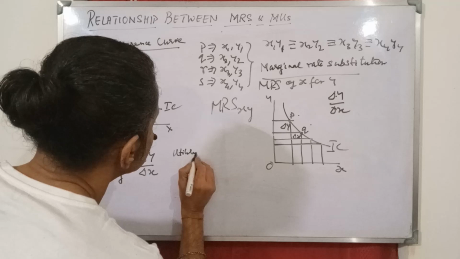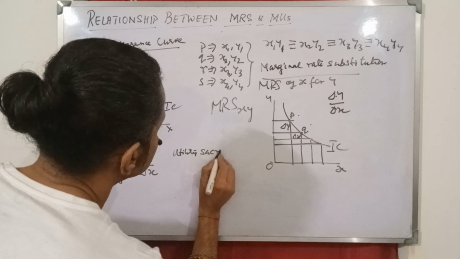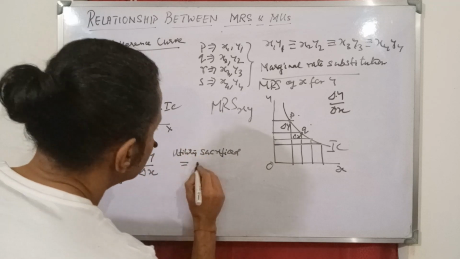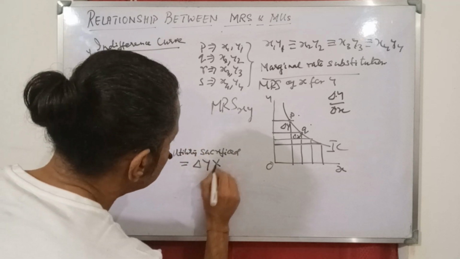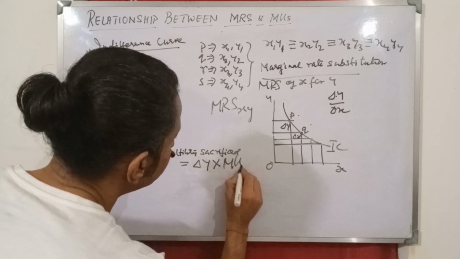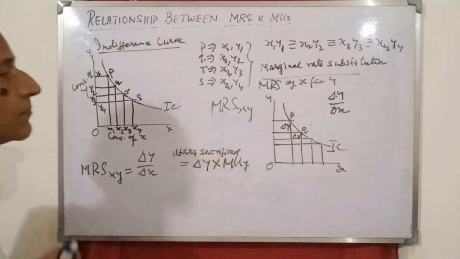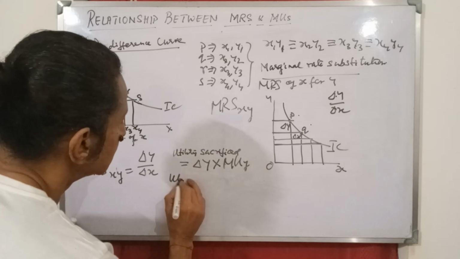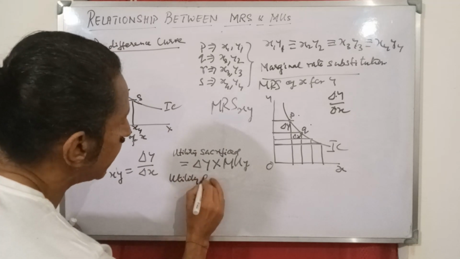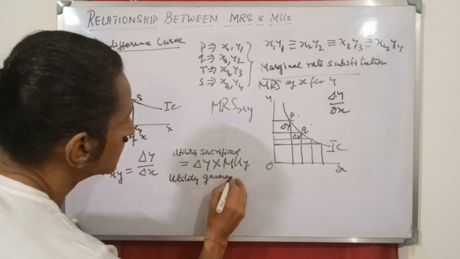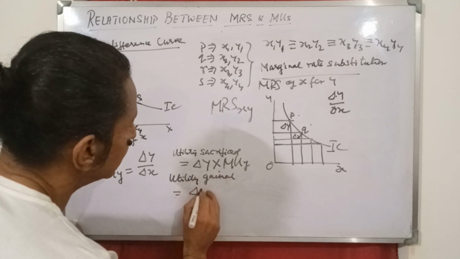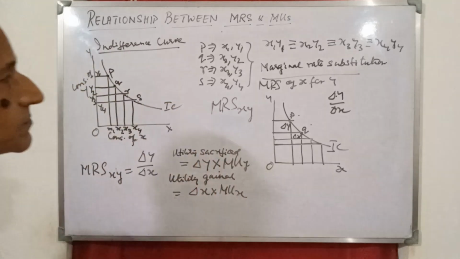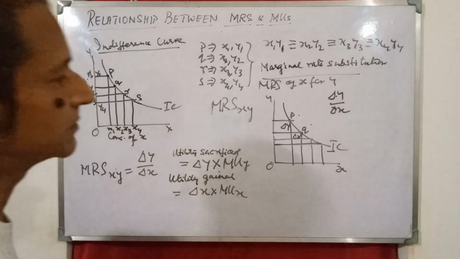Utility sacrificed is equal to delta Y multiplied by marginal utility of Y, and utility gained is equal to delta X into marginal utility of X. Isn't it?